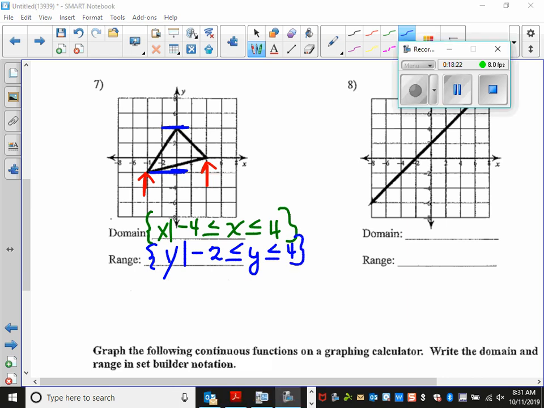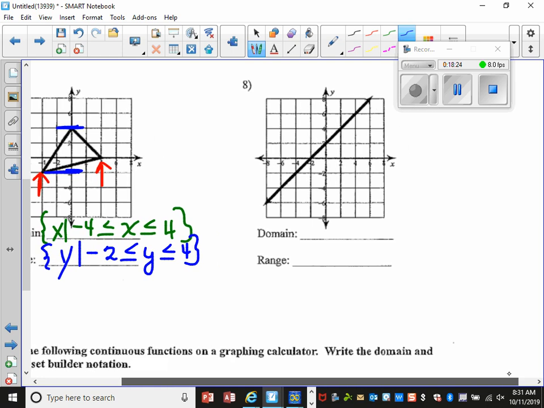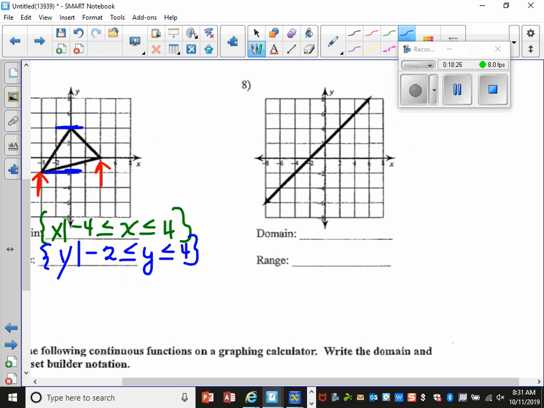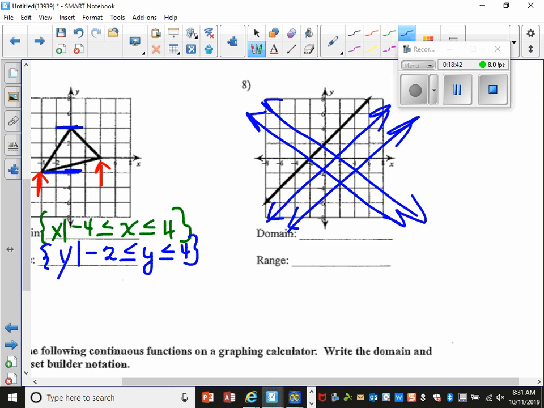Number 8. Okay, in question number 8, the good thing about all of these slant lines is that it's going to be all reals for both. Whenever you see lines that are slanted like this, even if they're going in the negative direction, and you might even want to draw all these lines, all of those diagonal lines will be all reals for both.